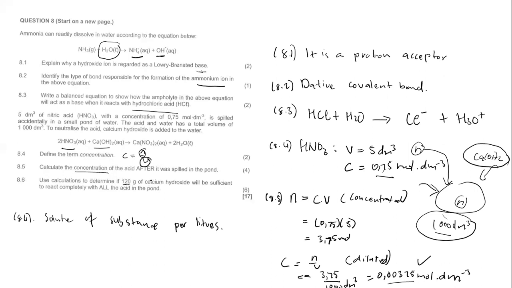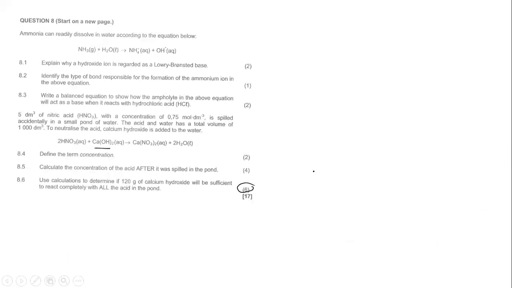But firstly, how are we going to do that? From this balanced chemical equation, we have 2 moles of HNO3 to how many moles of calcium hydroxide? It's 1.